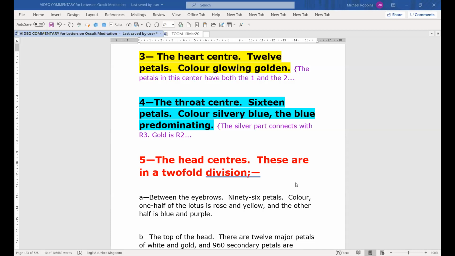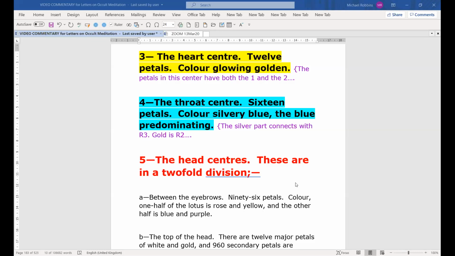And also, if we consider it to have a second ray monad, it has the second ray soul as well, and the second ray personality. All of that together sums to a 6.